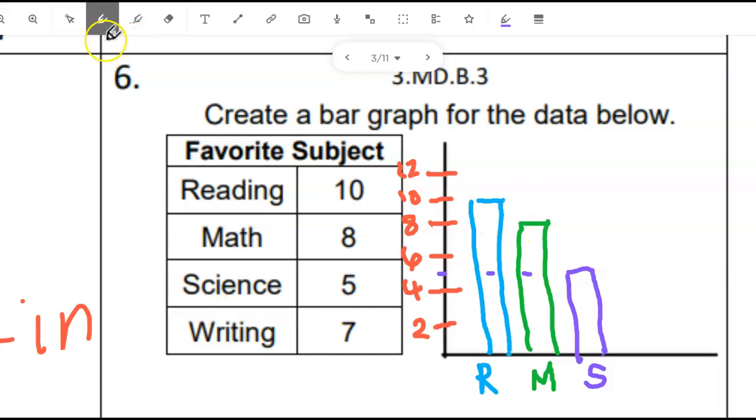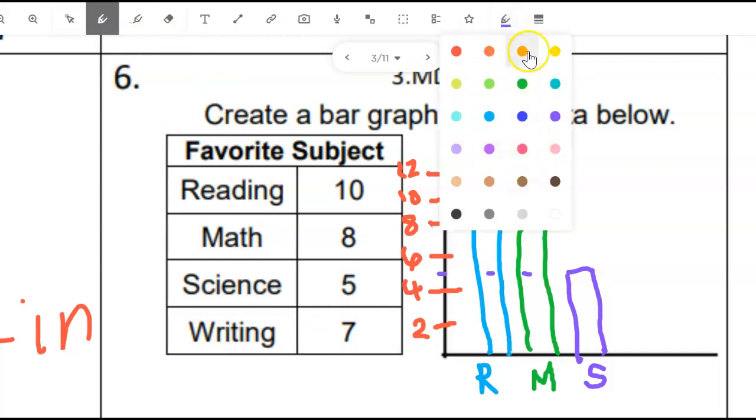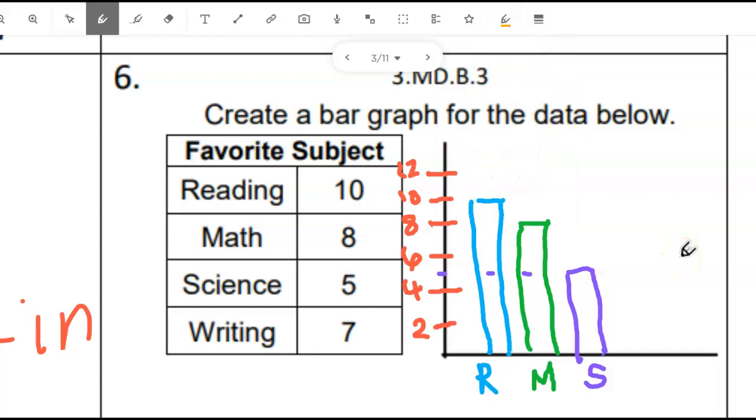And finally, writing. Let's grab orange for writing. Draw a W. There are 7 students whose favorite subject is writing. If I was counting up, it would be in between 4, 5, 6, 7. It would be in between 8 and 6. So I'll follow that across until I'm above writing. Draw my line and finish my bar.